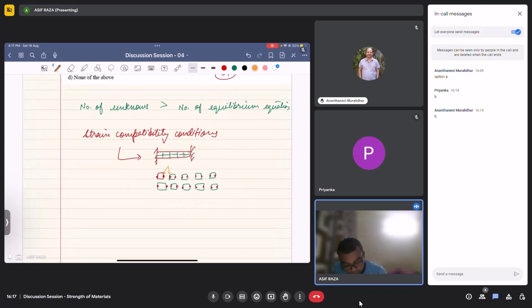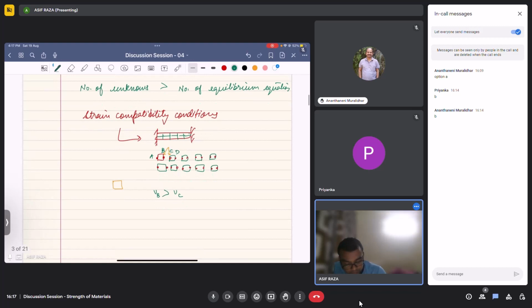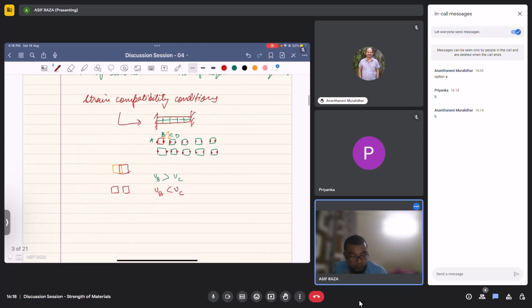Suppose this point is A, B, and this is C, D. If UB is greater than UC, there would be interpenetration, and if UB is less than UC, gaps would develop in the system, so we want UB equal to UC. This is just one condition in terms of displacement.